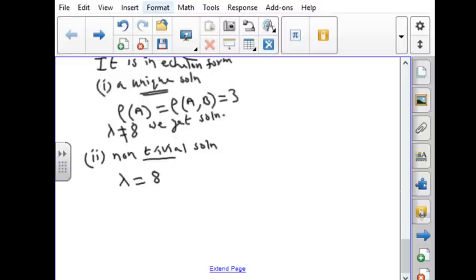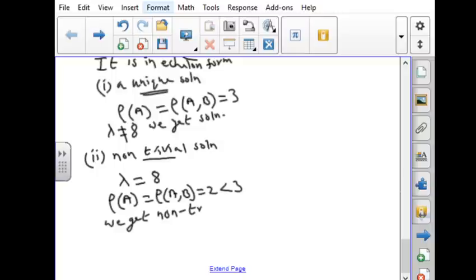So when lambda is equal to 8, the last row becomes 0 and rank of A will be equal to rank of A comma B will be equal to 2, and it is less than 3. 3 is the number of unknowns. So when lambda is equal to 8, we get non-trivial solution.